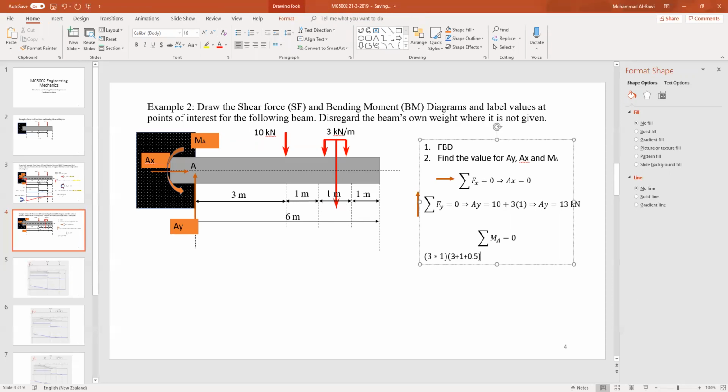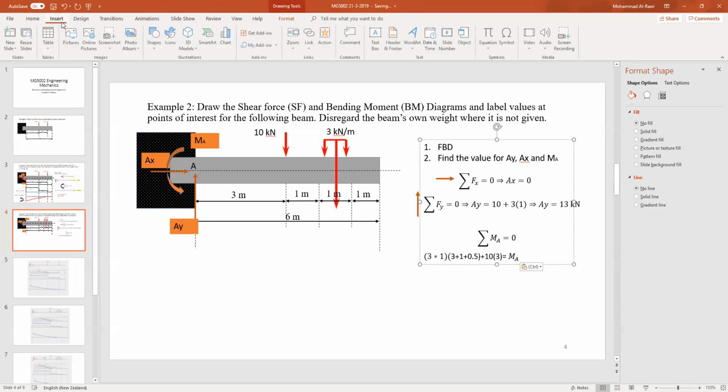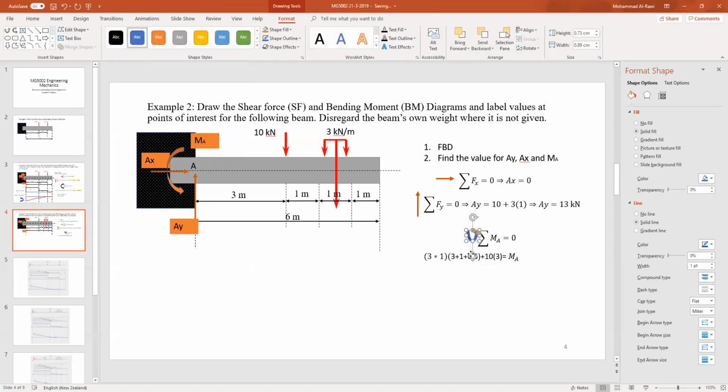This is positive clockwise. So clockwise is the positive, plus you have the 10 times 3. All of that equals MA, which is in the opposite direction, because if we assume everything here is clockwise, then I just need to indicate the direction.